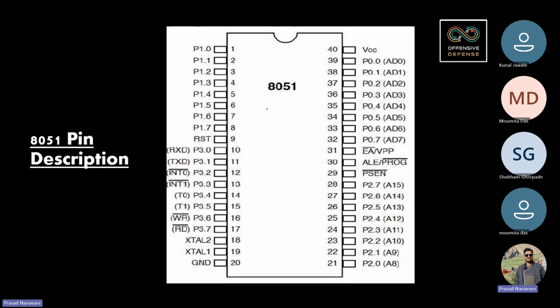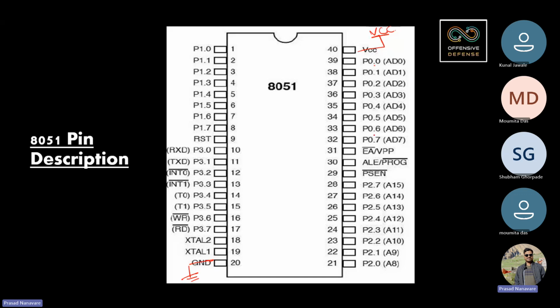We moved on to the pin configuration. Then I'll quickly revise each pin in the controller. Okay, stop me whenever you have doubt. See, VCC is connected to power supply, ground is connected to ground.